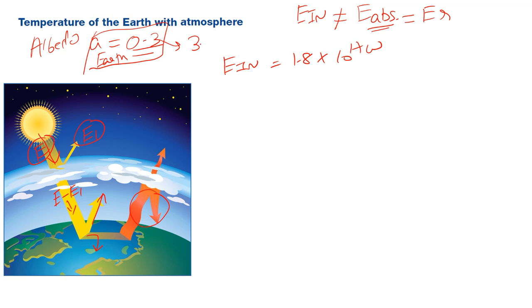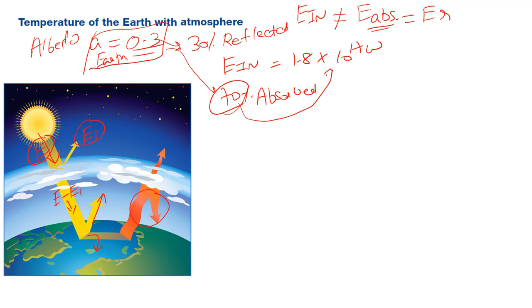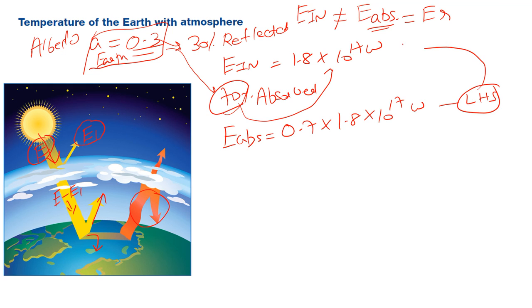This means that 30% of the energy is getting reflected, and the rest, which is 70%, will get absorbed into the earth. So if I take 70% of the incident energy, we will get the energy absorbed by the surface. That will be 0.7 multiplied by 1.8 into 10 to the power 17 watts. This will be the left hand side, that is the energy absorbed.